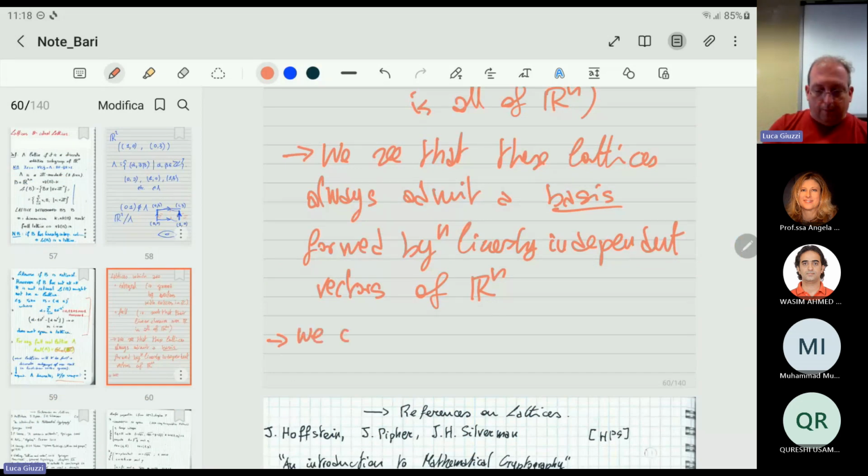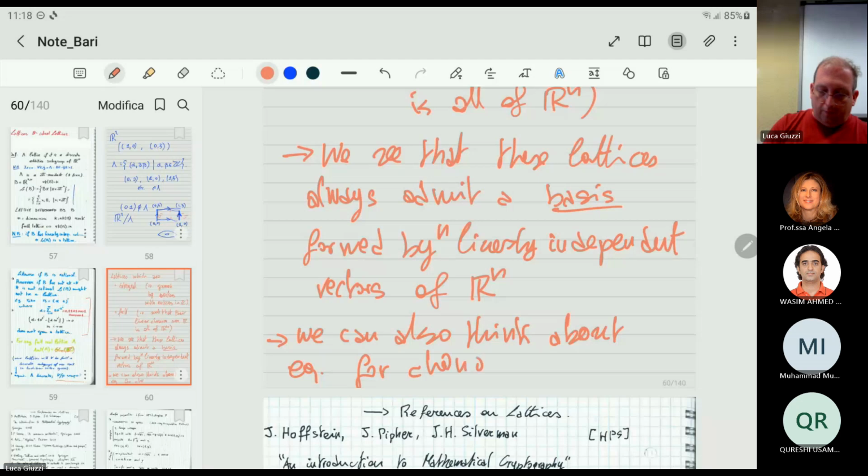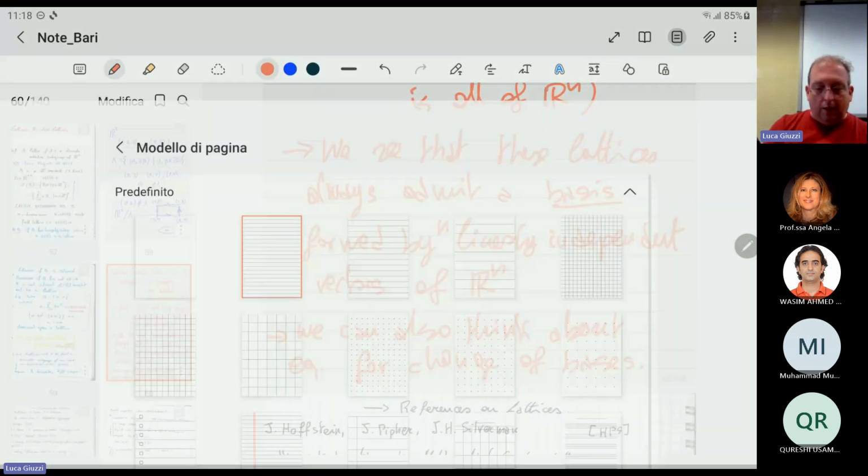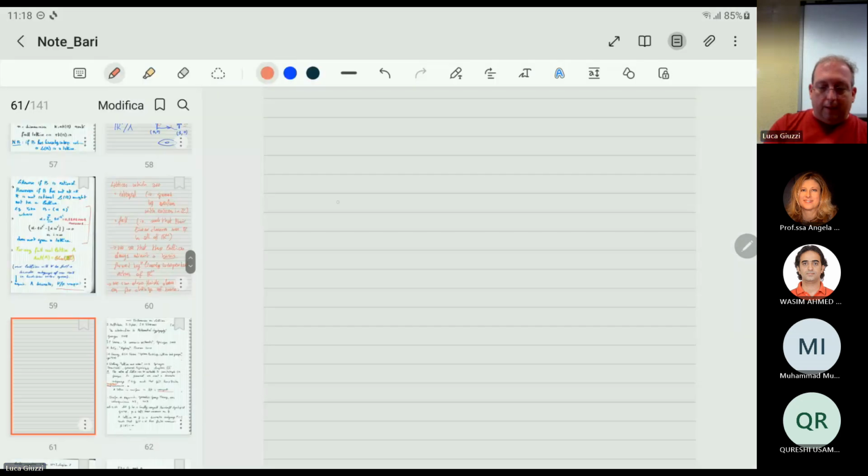We can also think about equations for the change of basis. And how is it done in the case of lattices? Well, basically, let's say that B is a basis of a lattice.